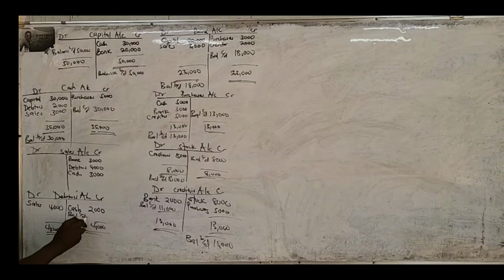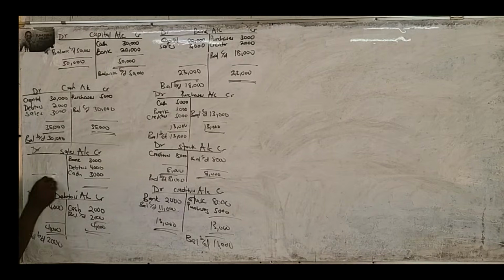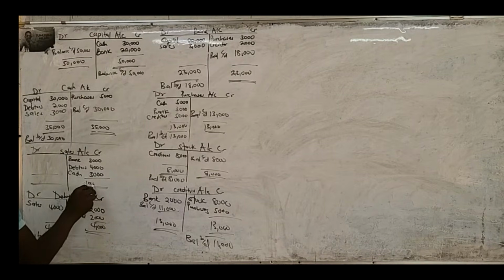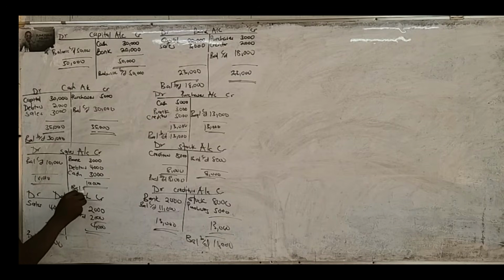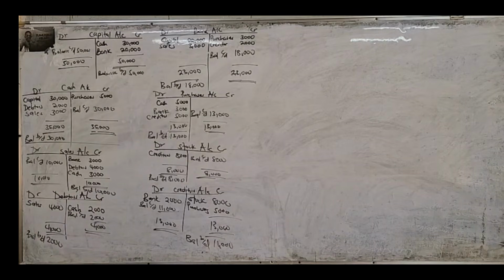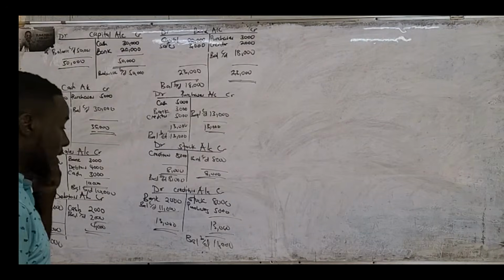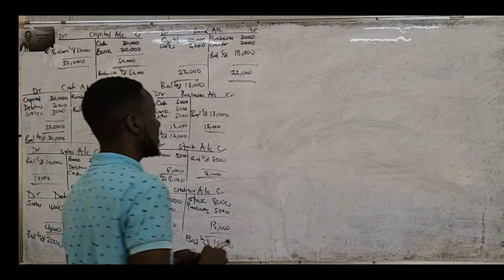Our balance carried down will be 2,000, and our balance brought down will be 2,000. So the same applies here as well. This is 10,000. Our balance carried down is 10,000, and our balance brought down is 10,000. So ladies and gentlemen, this is how we balance off the ledgers or the accounts.